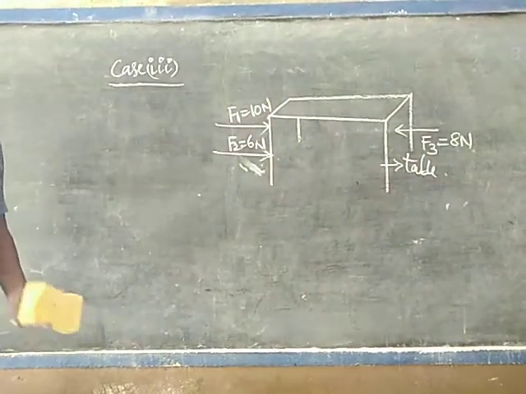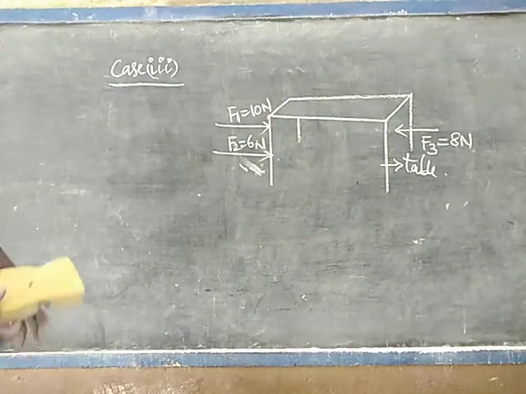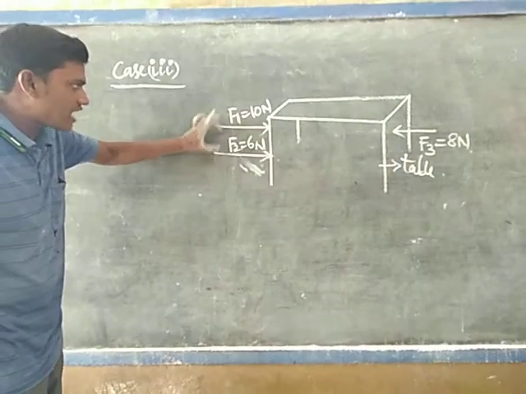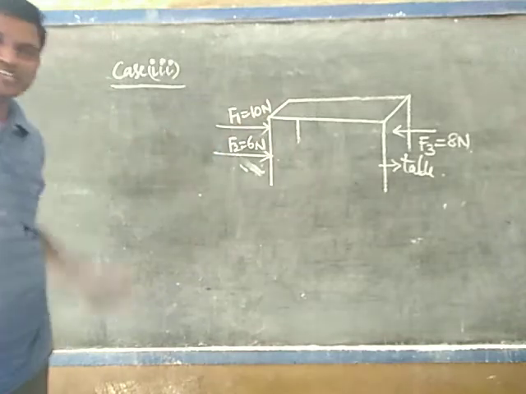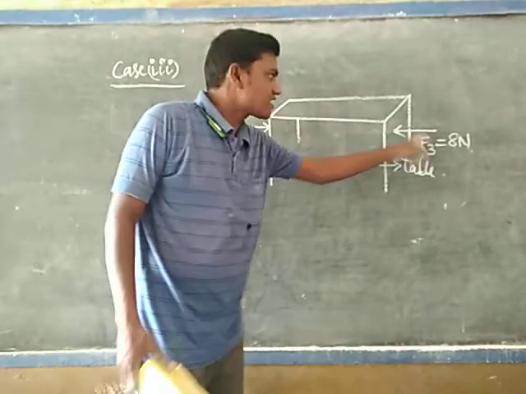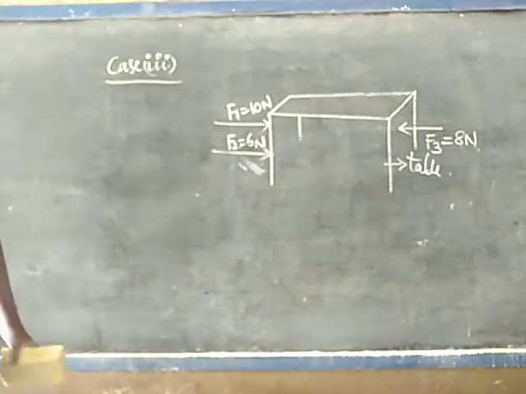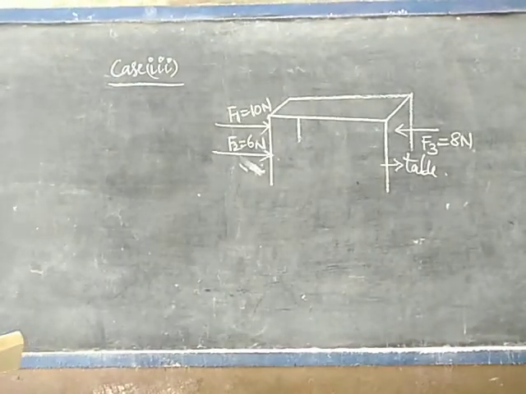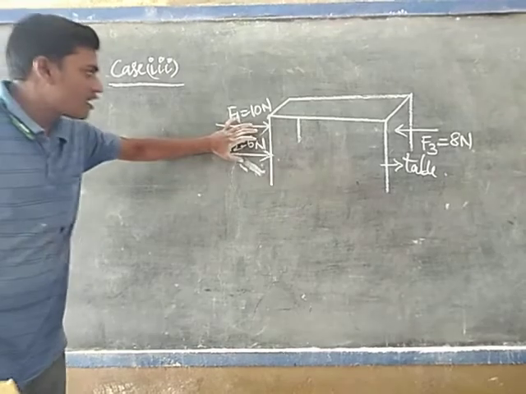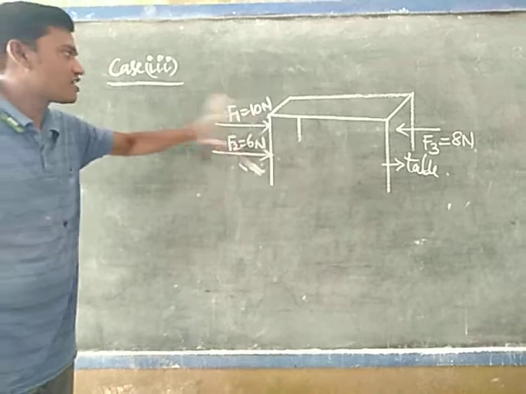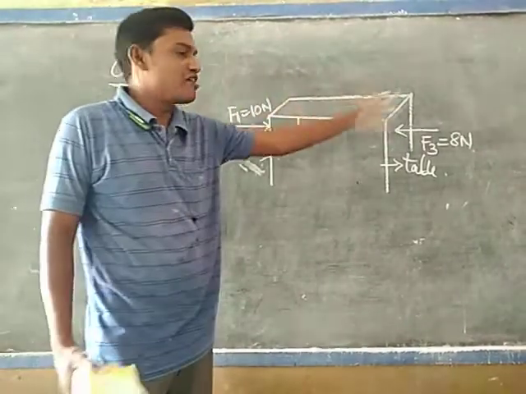Like this one here. Here we are observing that two forces are acting on the table in one direction and one force is acting on the table in another direction. During this type of situation, how can we find the net force? Here totally how many forces are acting on the table? 3 forces are acting on the table, F1, F2 and F3.